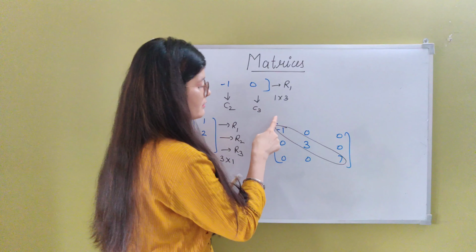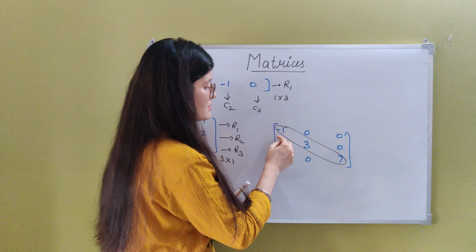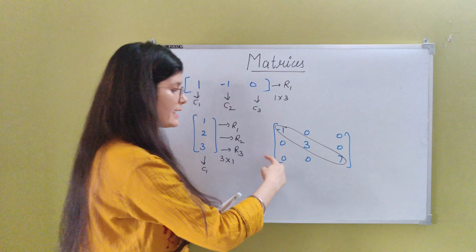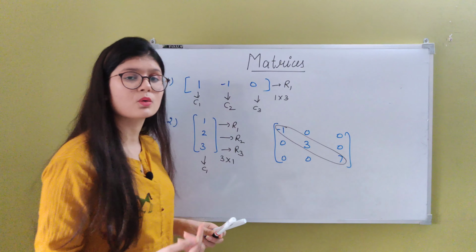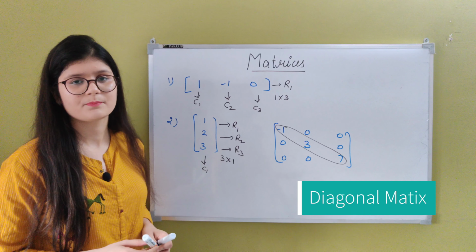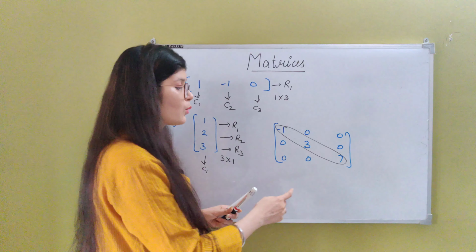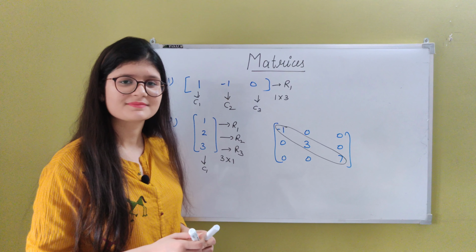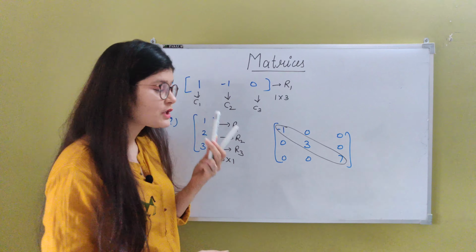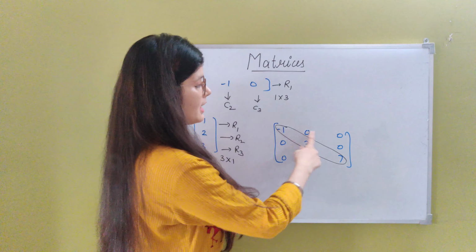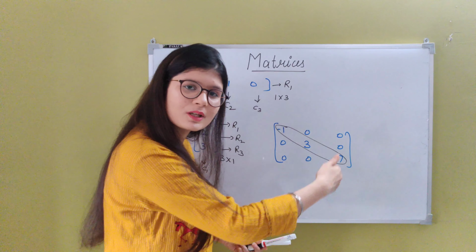When other than the diagonal elements, all the elements are 0, then the matrix is known as a diagonal matrix. And what will be the order of the matrix? Think. The order of the matrix will be 3 cross 3 or 3 by 3, because there are 3 rows and 3 columns.